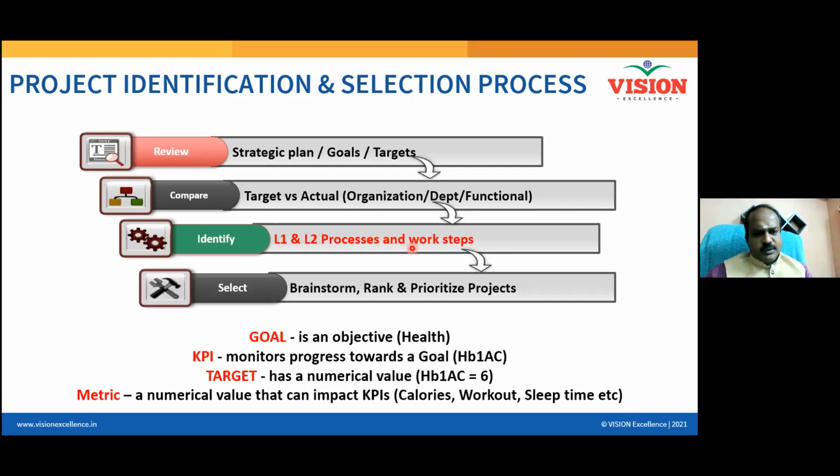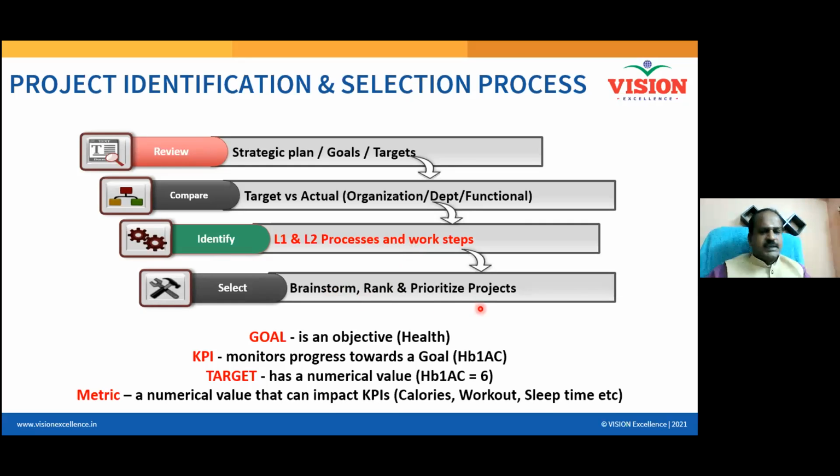Likewise, wherever there is a gap, all the gaps will be listed, and you will see a lot of gaps in performance exist at the functional level, the department level, or the organization level. Accordingly, you need to prioritize. So a little bit of brainstorming and a kind of ranking activity you need to do, and then you will prioritize the projects.